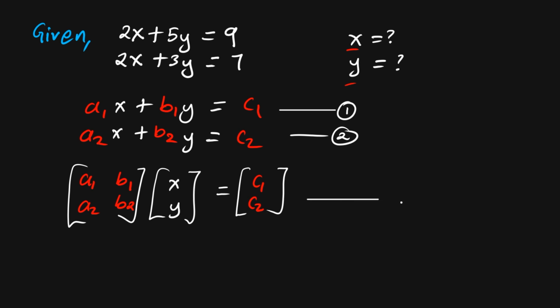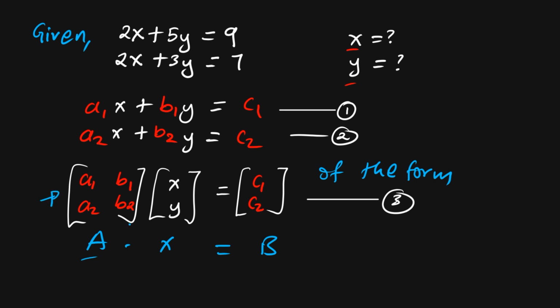Let's call this equation 3, but this is of the form A times X equals B. It's a system of linear equations in compact form, where A is the coefficient matrix, X is the vector of unknowns, and B is the vector of constants. X and B are also matrices because a vector is a matrix with any number of rows but with one column.